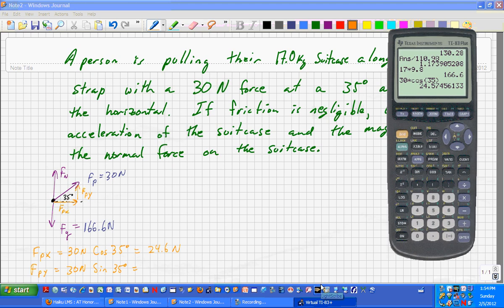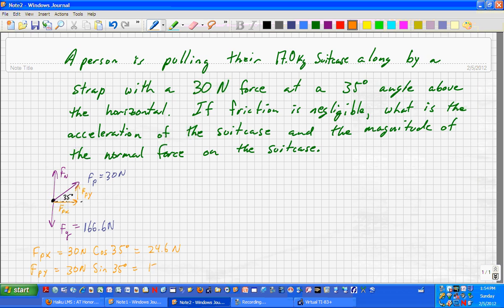And then let me do the other one. That's going to be 30 times sine 35. Close up that parenthesis, hit enter, and we get 17.2 newtons. So I've got my x and my y component for those two. I'm not going to try to fill them in on the diagram because it's going to get kind of crowded.